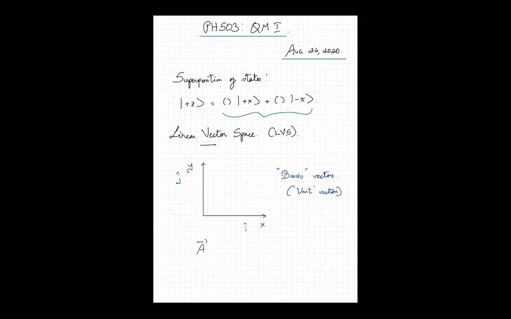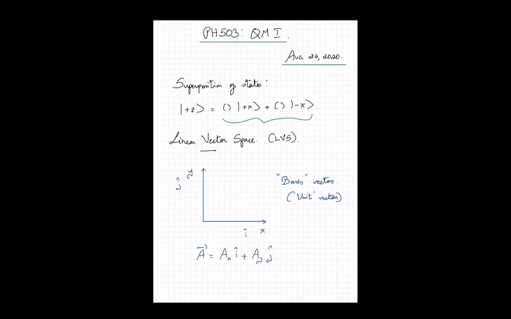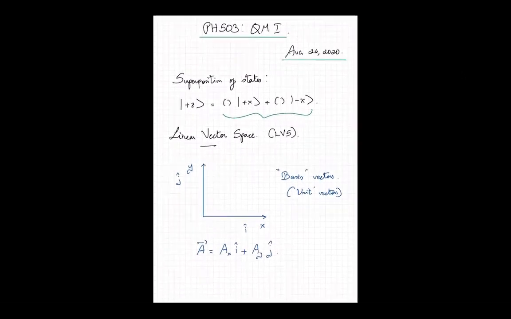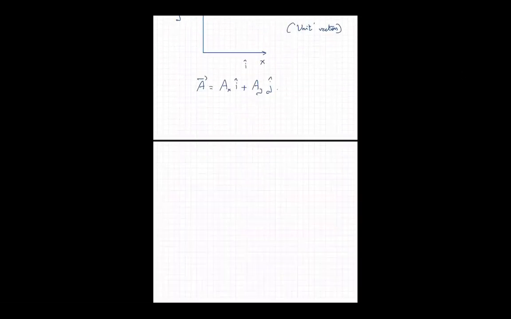You can write any vector in this two-dimensional space as the x component of this vector times the i vector plus the y component of this vector along the j direction. Now you can keep extending this. You can also add the z component times the k direction. And if you look in a four-dimensional space, you can write an L component times the unit vector along the L direction, and so on and so forth. That is precisely what we will be doing in this quantum mechanics course.